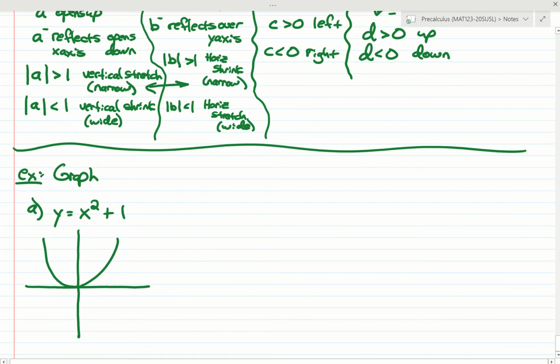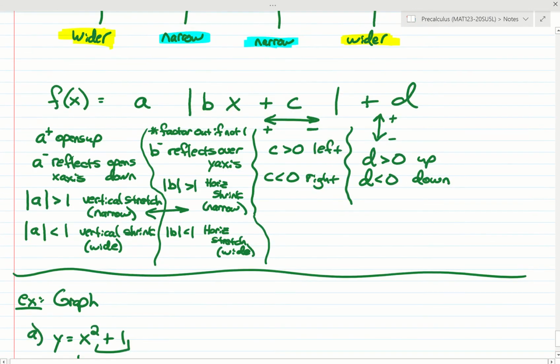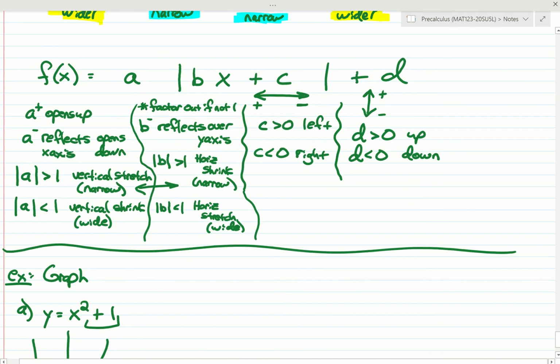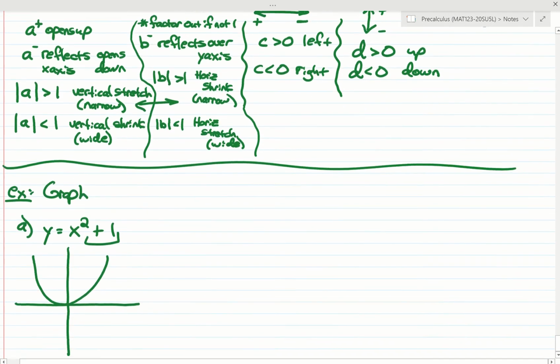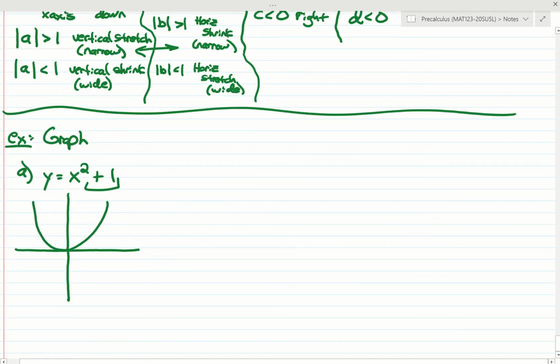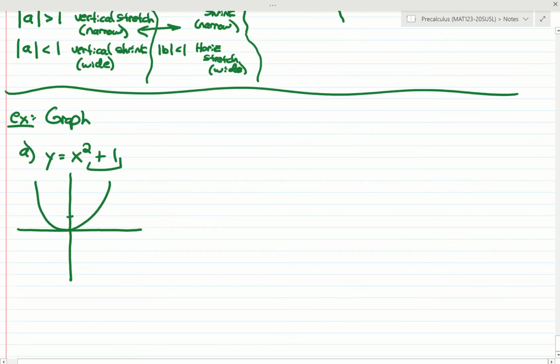If you have plus 1 on the outside of the function, meaning x squared is the function, so the plus 1 is on the outside, that would be D. D is what I consider the outside, and plus C is what I consider the inside. So with absolute value, if it's inside the absolute value, it goes left and right. If it's outside, it goes up and down. So this is plus 1 on the outside of the function. So this is going to move the graph up 1. That's what it would look like.